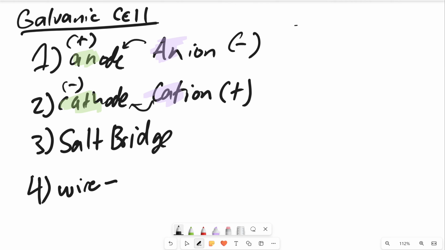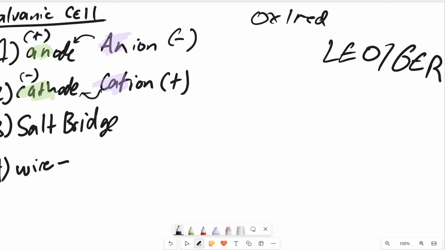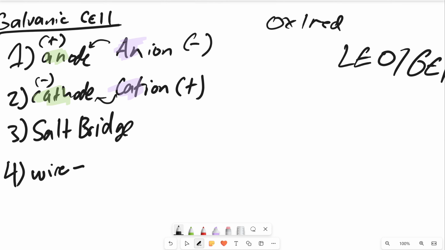Okay, so we know charges. Why is that significant? Because we can figure out which node is being oxidized and reduced. Yeah, we're back on good old favorite redox. Let's refer back to our good friend Leo the Lion. Leo the Lion goes grr. What does it mean?